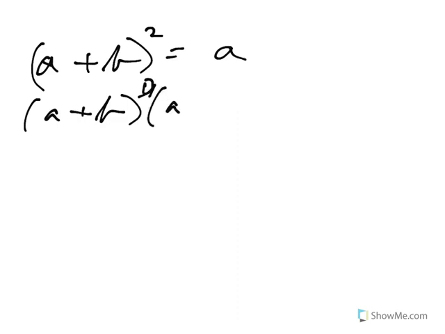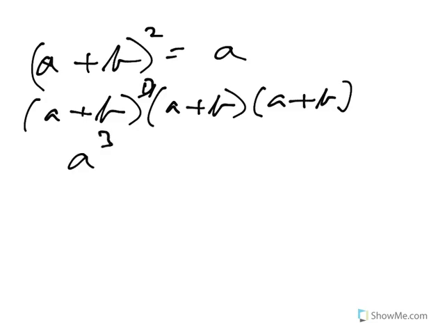If I were to write out a plus b all these times, there would be a certain number of a to the thirds using all three a's, all three things being a's. Or there are some that have two a's and a b, or some that have an a and two b's, or some that have three b's.